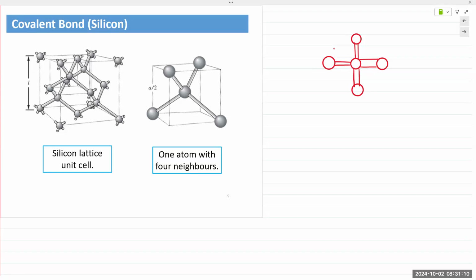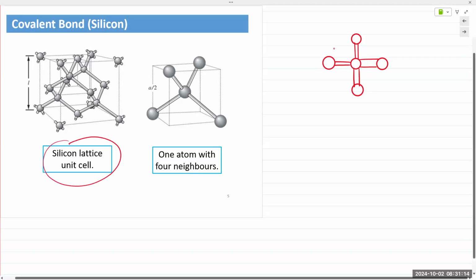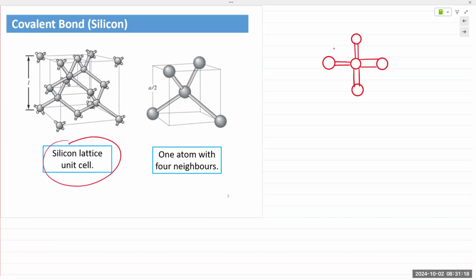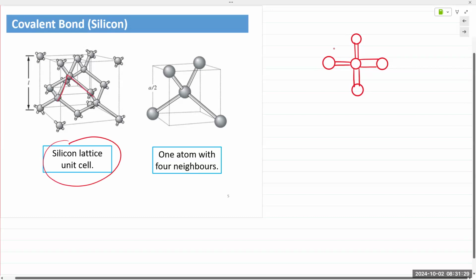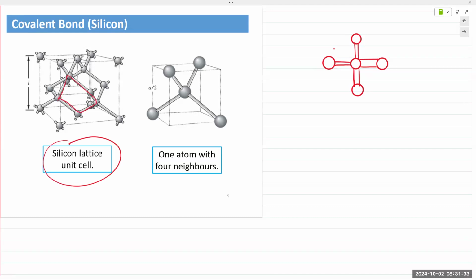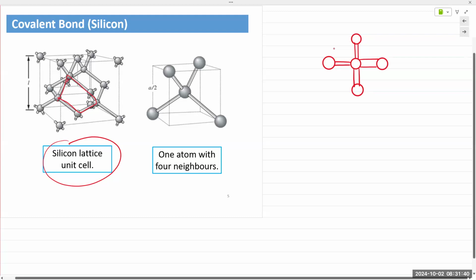When they're ordered in segments, they form what is known as a silicon lattice unit cell. This illustration here shows you a unit cell. It's hard to visualize this because this is a 2-dimensional representation of a 3-dimensional structure. But there is also a bond right here between these atoms.